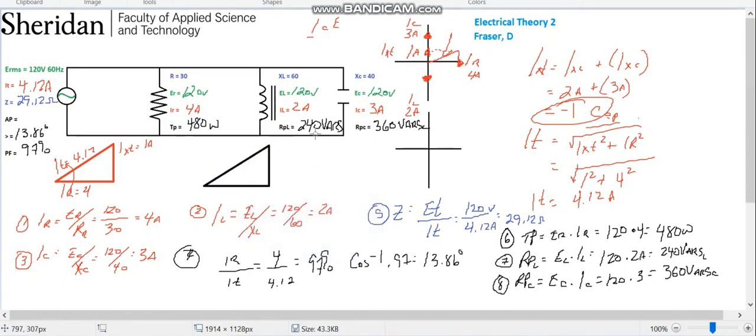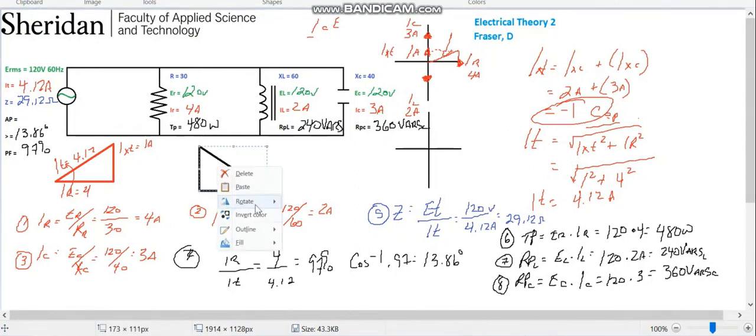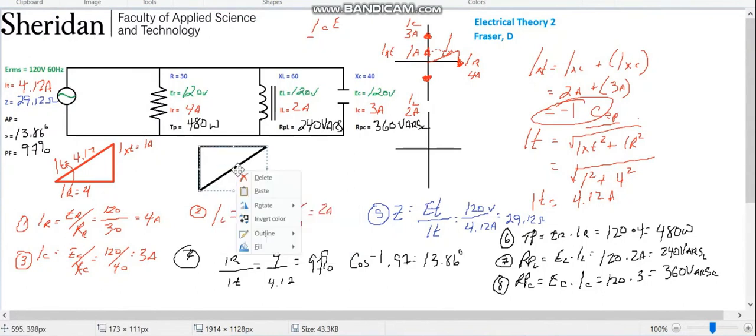Whenever I'm doing these, I always start off with my, hang on, I got to flip that. All right, that's better.